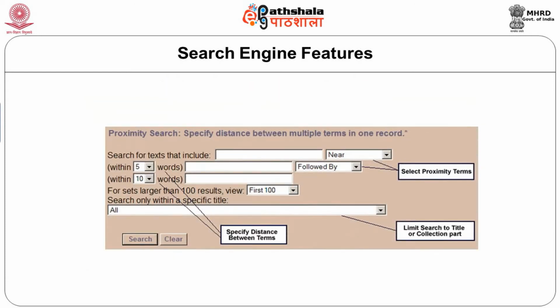The next one which is generally used is called proximity search. This looks for two or more words which occur within a certain number of words from each other. That means what is the proximity between two words. So if we have information retrieval system, the words information and system are separated from each other by one word which is retrieval. That means they are in the proximity of each other by one.